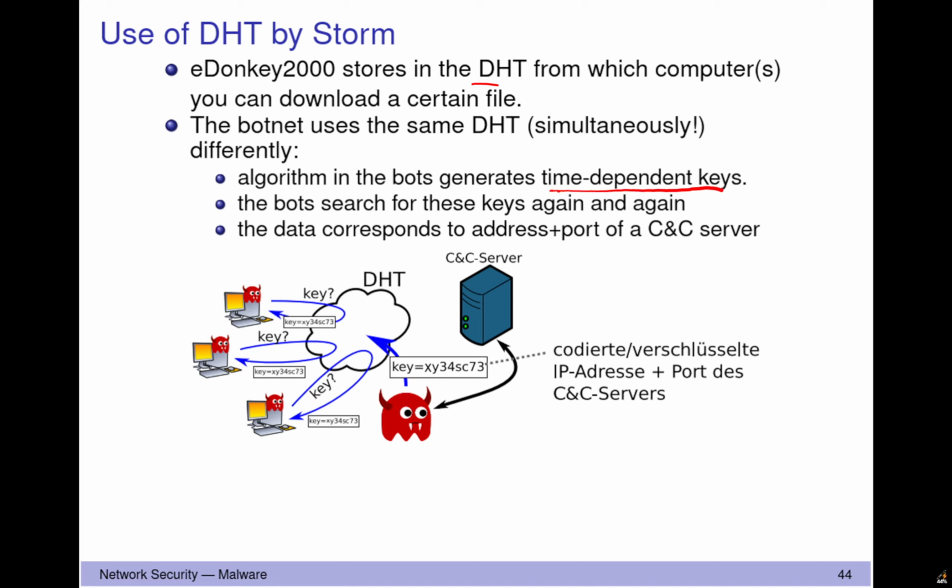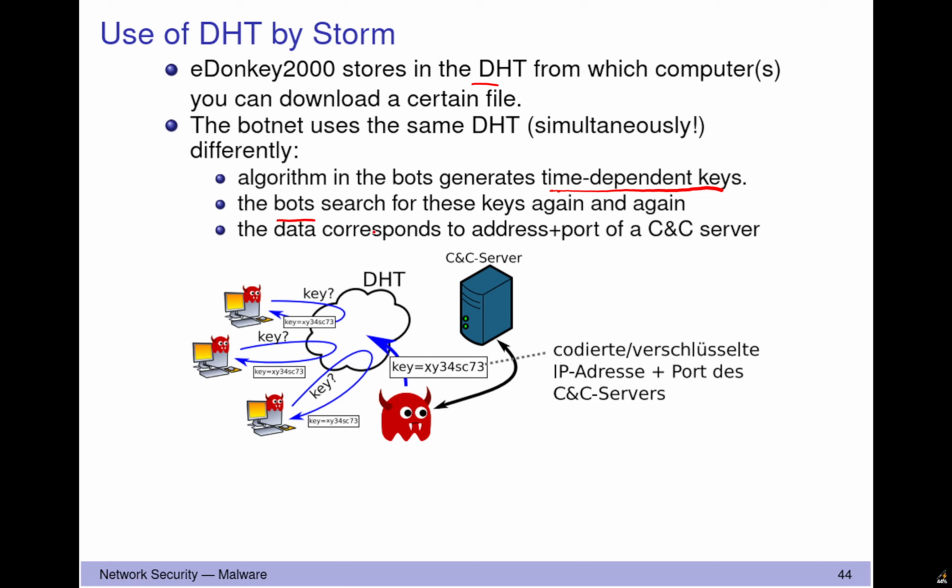So basically at specific times the keys were changing all the time, so that even if you identified one of the peers as hosting the relevant file at this time with the updates and the codes, in the next hour some other node might be responsible for it. So even if you were able to turn off that machine at that specific time, after a while your direct access to the machine was useless.